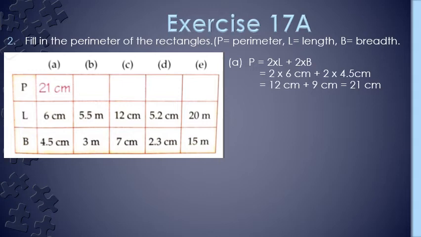So it is equal to, length is 6 and breadth is 4.5 centimeter. So 2 multiplied by 6 centimeter plus 2 multiplied by 4.5 centimeter, which is coming equal to 12 centimeter plus 9 centimeter, and which is in turn equal to 21 centimeter. That is why the perimeter is 21 centimeter, which is already written.